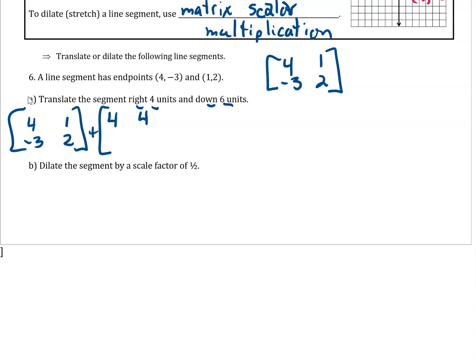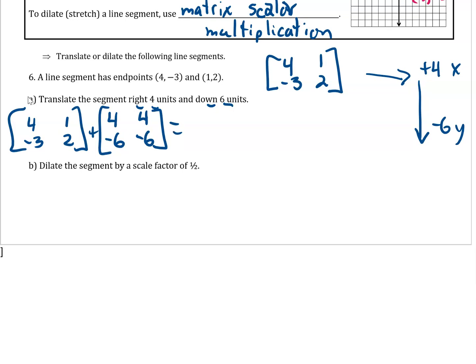I'm going to go down 6 units. Well, down is y. Up and down are y, and down is minus. I need to do that for each y value to take this line segment right 4, down 6. Plus 4 for x, minus 6 for y, for each x, for each y.